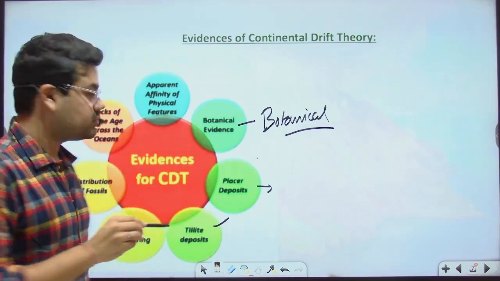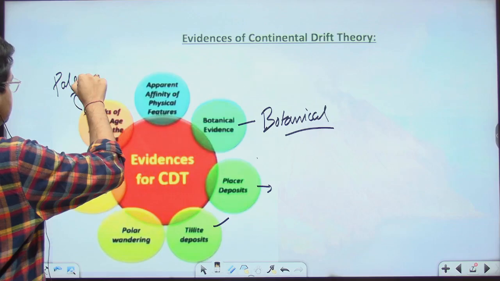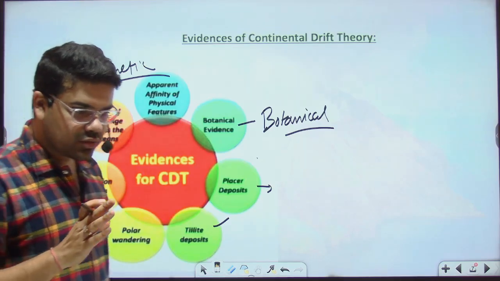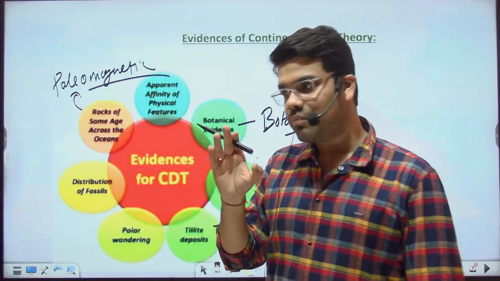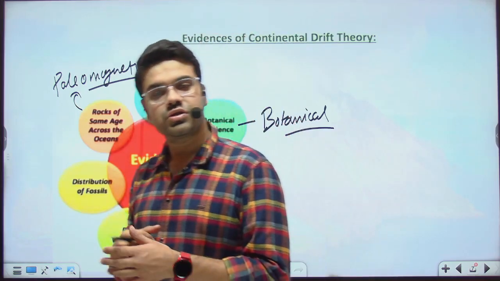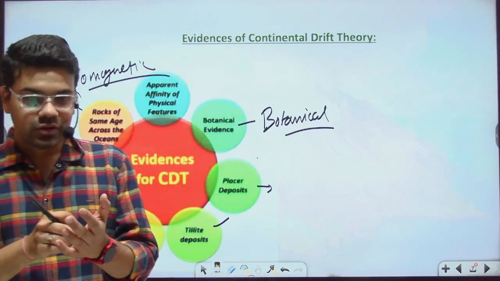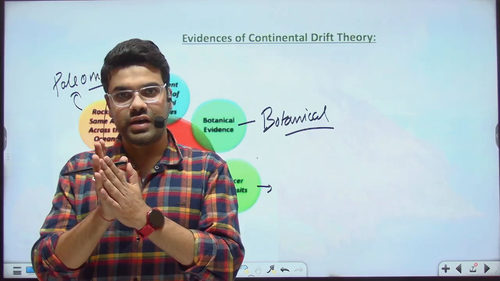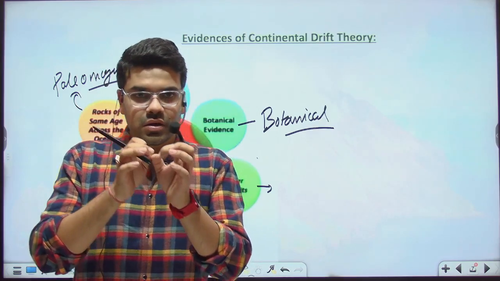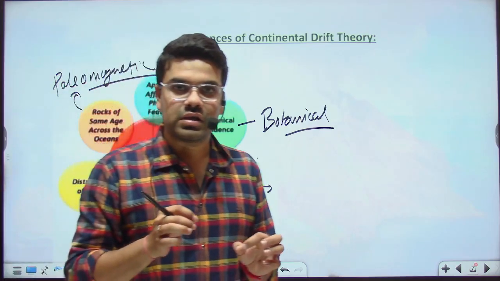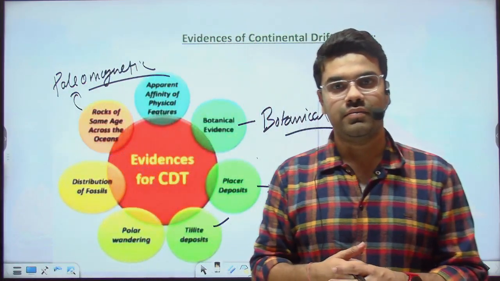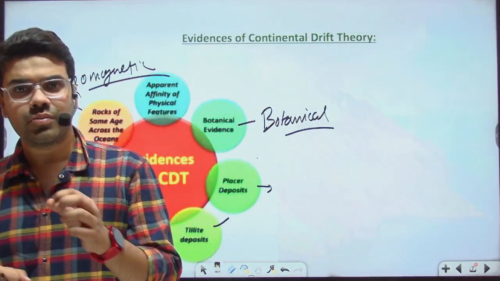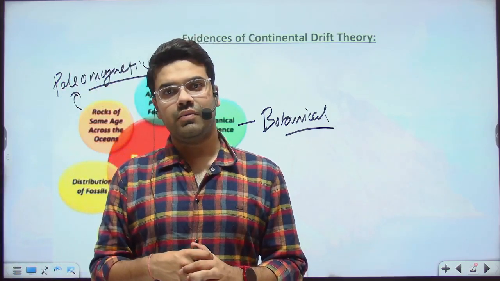Paleomagnetic evidence. Okay, what is paleomagnetic evidence? As we know, the geographical north and the magnetic north of Earth are not the same. The magnetic north pole is somewhere near Canada. The magnetic north keeps on changing its direction. So what happens? The rock structures of different continents have the same magnetic polarity. How can the rock structures of different continents, especially Europe and North America, have the same magnetic polarity?